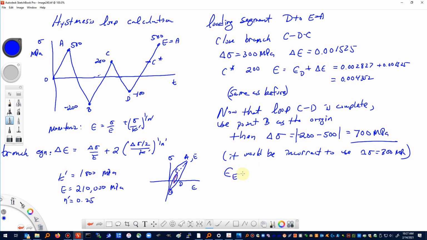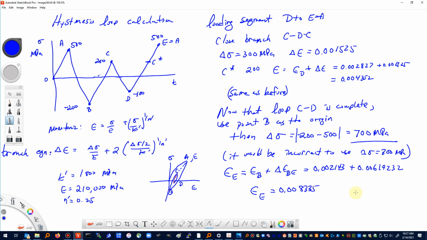The strain at E is going to be equal to the strain at B plus a delta epsilon from B to E. It's going to be the 0.004352 plus 0.006192232. Now we're increasing, so we use a plus sign. We end up with epsilon E equal to 0.008335.